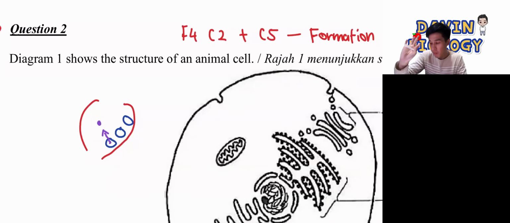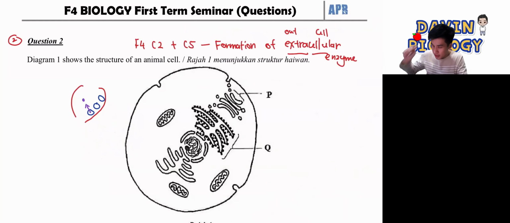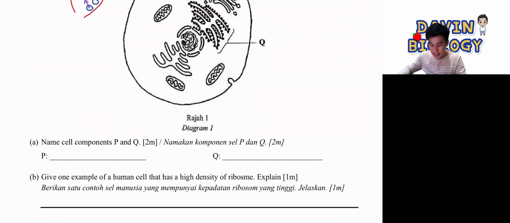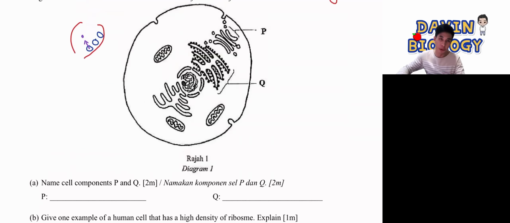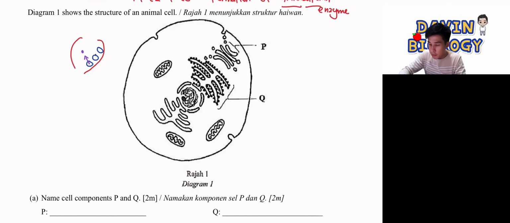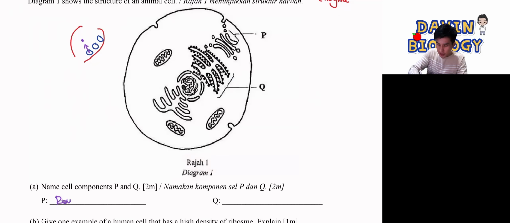Get it? Then, next question, they ask to name cell components P and Q, which we already know. This one on top of your nucleus, we know already, it's rough endoplasmic reticulum. That's Q, sorry.